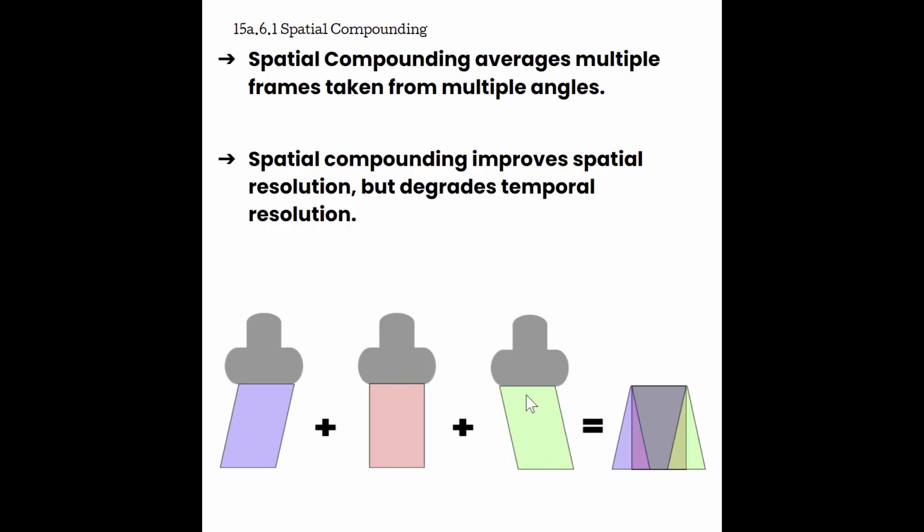And the machine's going to take all three of these frames, add them together, and what we end up getting, especially in this gray area, is superior spatial resolution because we were able to average all of the signals coming back from those three frames and put them together to make one awesome picture. So the key part with spatial compounding is that you are getting multiple frames taken from multiple angles that are then added together to create the final image.